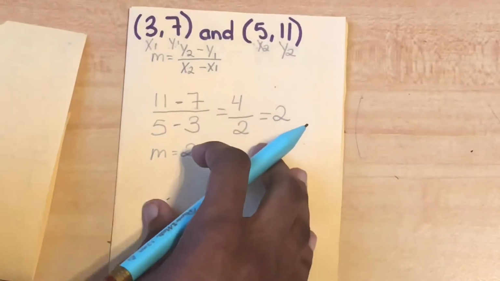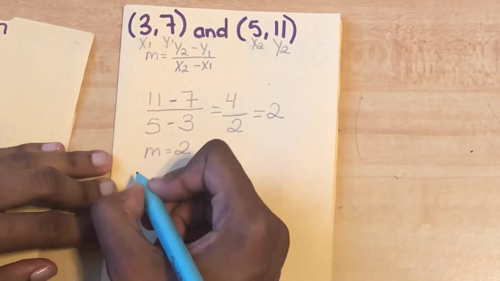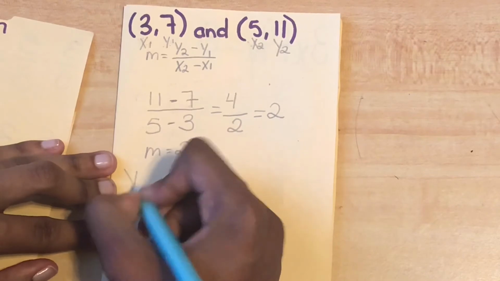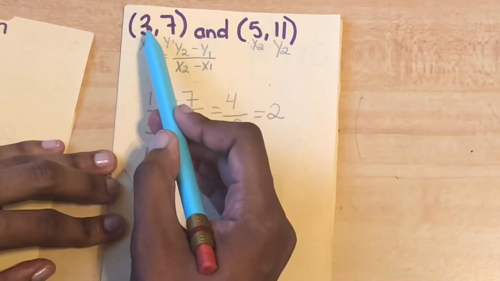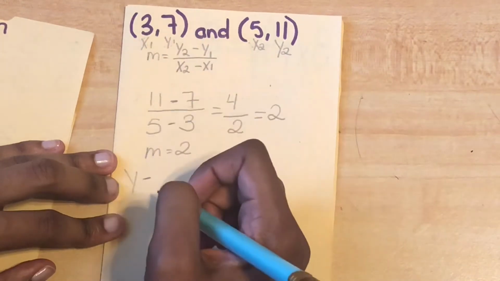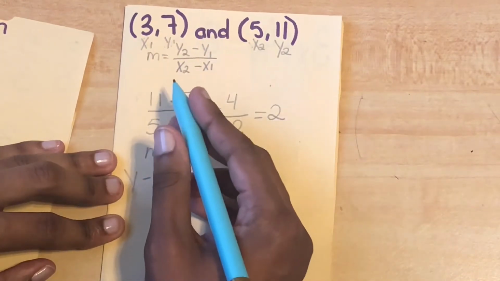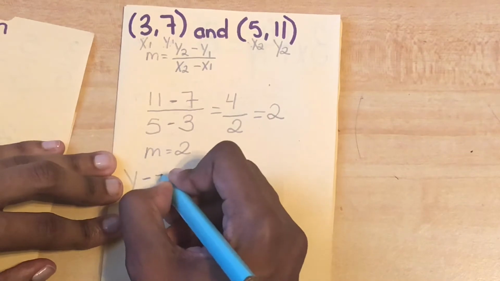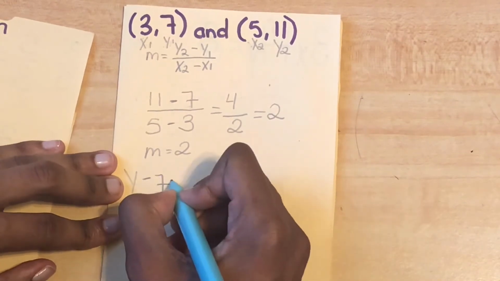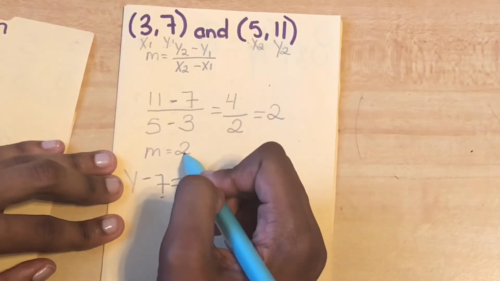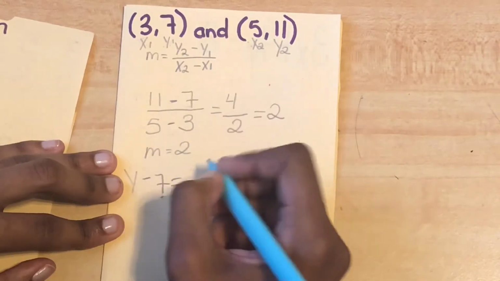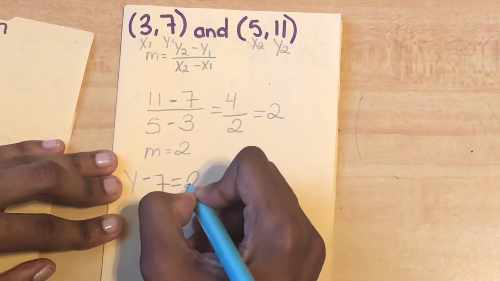So we're going to come back to here. We're going to have y minus, and I like to use little numbers, so we're going to use our 3 and our 7. So for our y1, I'm going to plug in 7. Then we got our equal, and our m, remember our m is 2 because that's how we found our slope. So we're going to put 2.